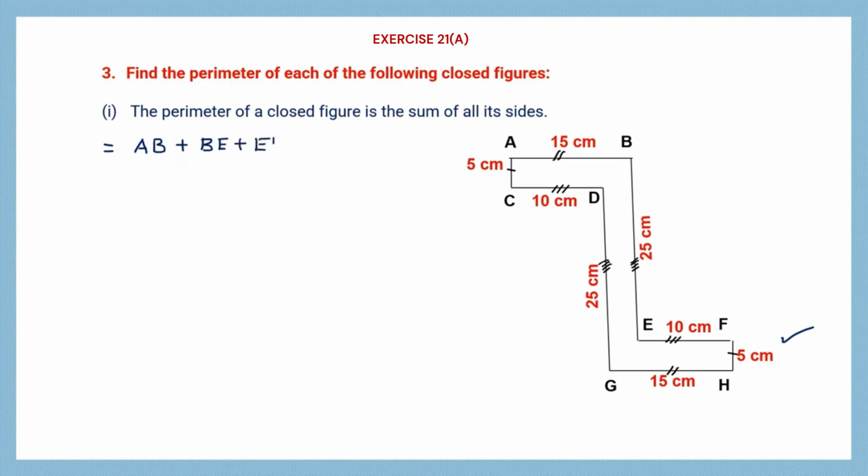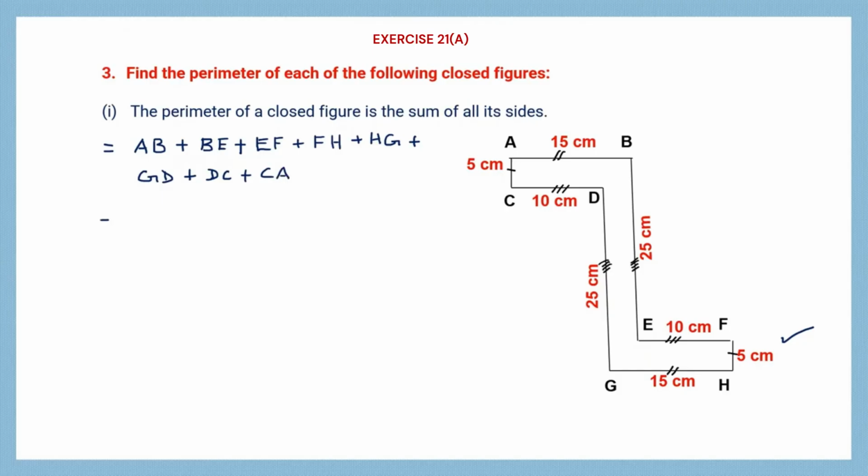Follow the figure and get it all. EF plus FH plus HG. Follow the figure. HG plus GD. Then DC plus CA. So we are back to A. So we are starting with A, AB, and then we go through all the sides and come back to A.